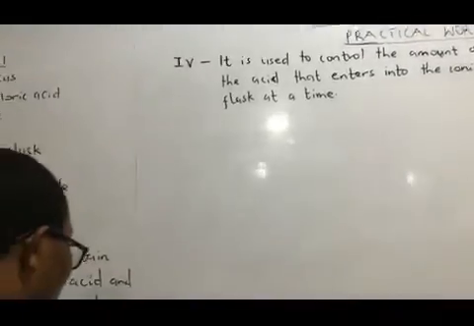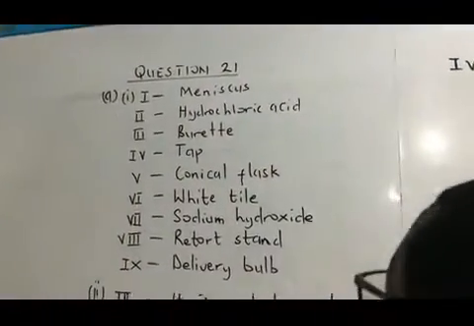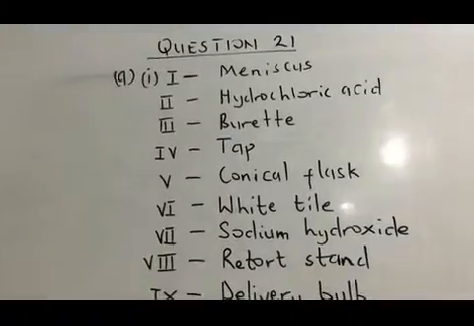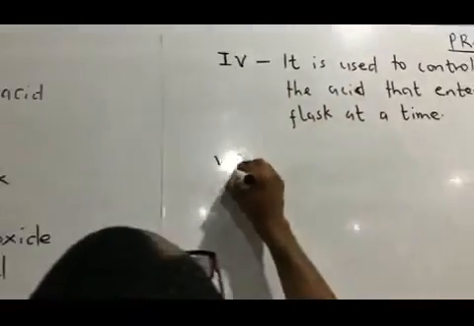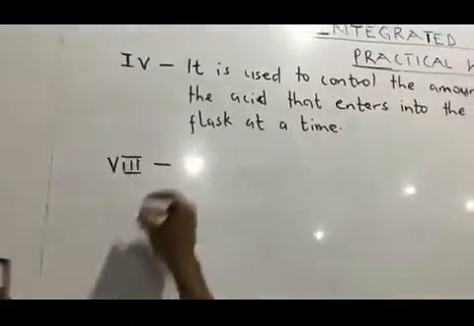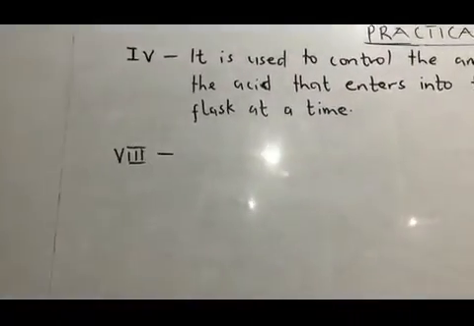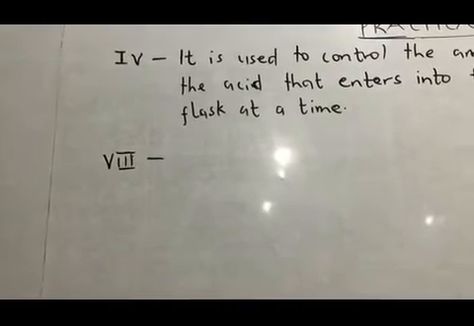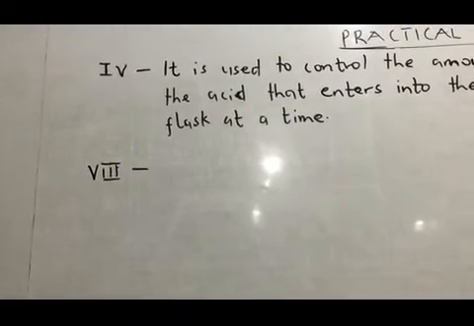Then the VIII. You're supposed to give a function of VIII, which is the retort stand. I told you earlier on that the retort stand, the clamp, helps to hold the burette firmly in position and also gives support to the conical flask.